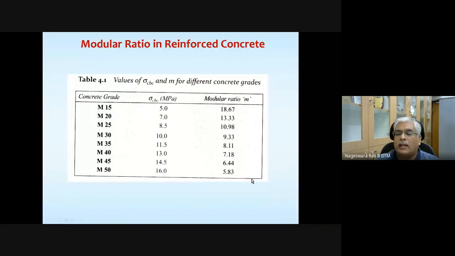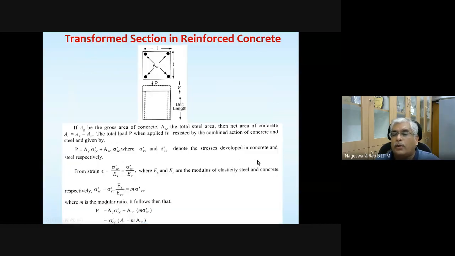After working a few example problems, you may not require to see this. Maybe you will automatically remember these values. Different grades of concrete, what is the modular ratio? Any questions here? So now we are getting into reinforced concrete.